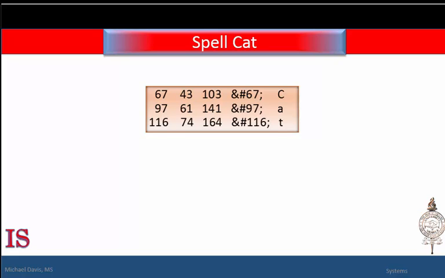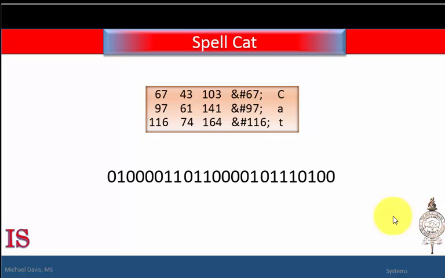You can practice the method shown earlier in this video to find this out. When you do, you'll find that the 67 is that in binary. The 97 is that, and the 116 is that. So here you see what is transmitted between the components of the computer, this string of zeros and ones to represent the word cat with a capital C.